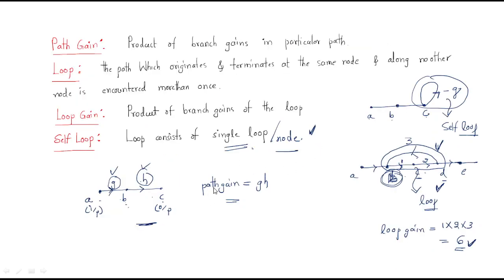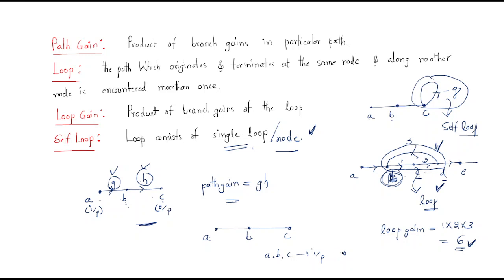Before entering into the problems, the signal flow graph simply represents like this. For example, A, B, C are the variables, that may be input or output.